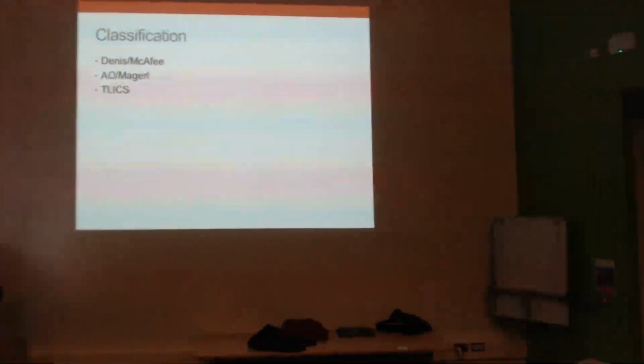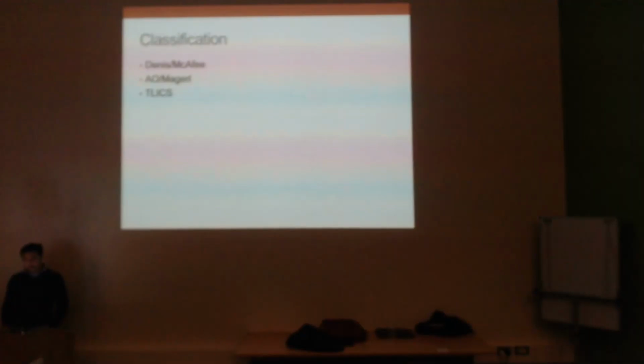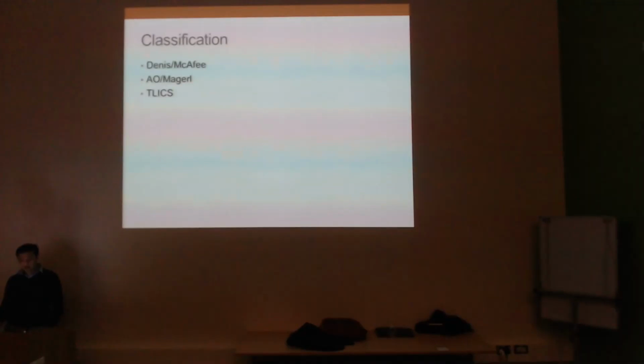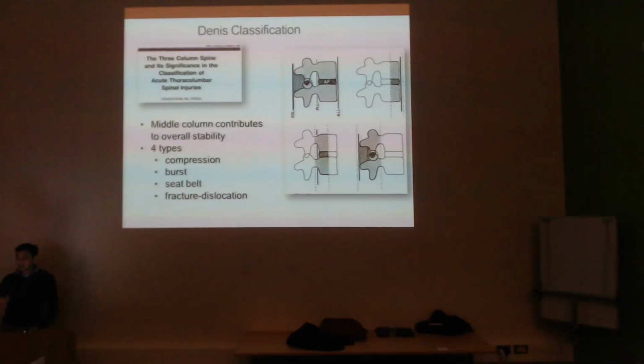So in general terms, general classification, there's the Denis classification, there's the AO classification, and then there's TLICS as well. The question is, why do we classify? Because by classifying a fracture, you can then understand the mechanism and it can help you guide the treatment as well. So this is the Denis classification.